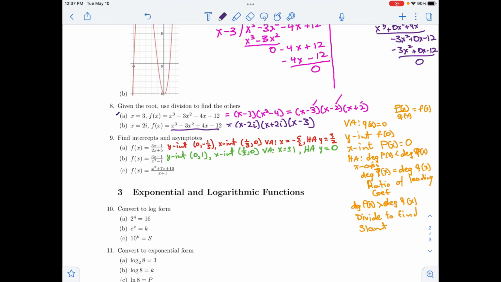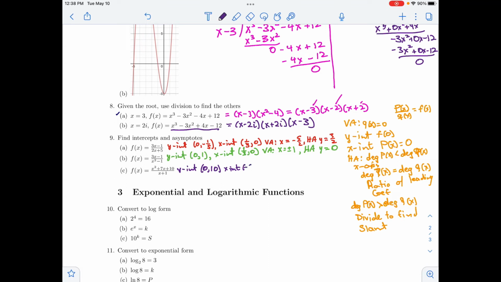Okay, now let's look at the next one here. We've got y-intercept. That's going to be 0, 10. X-intercept, there's going to be two of them. X equals negative 5, negative 2.